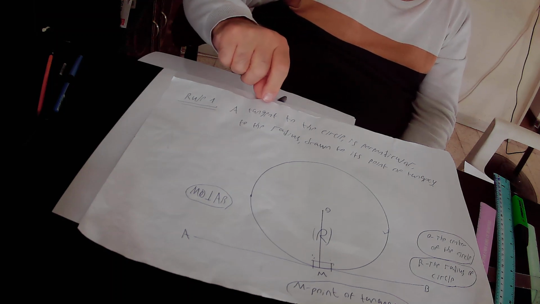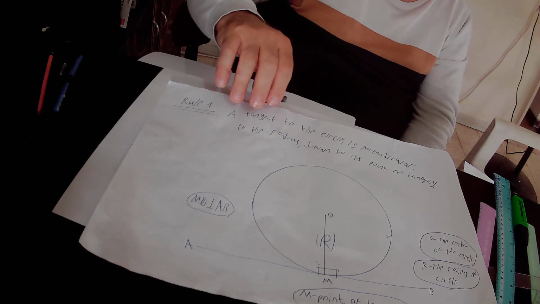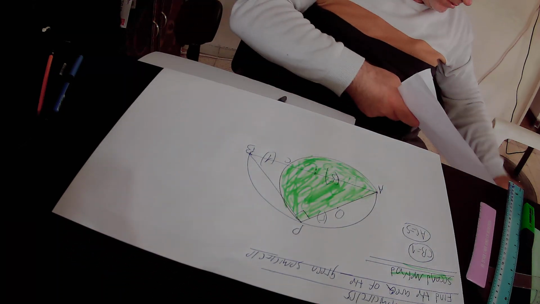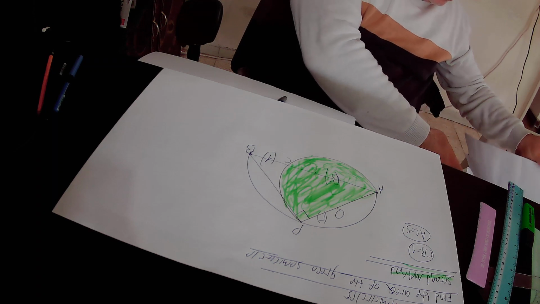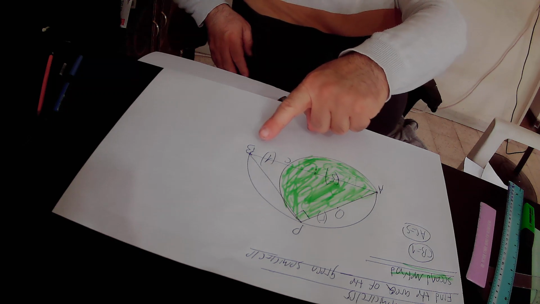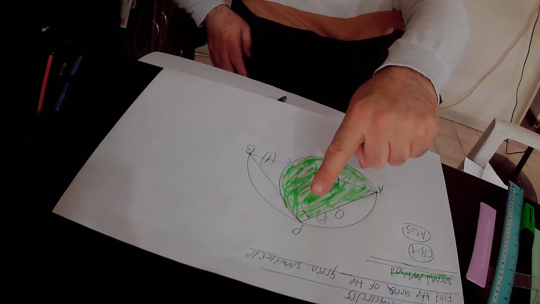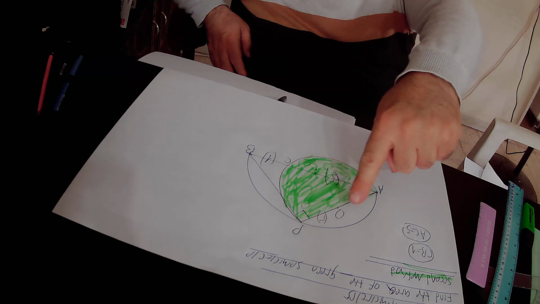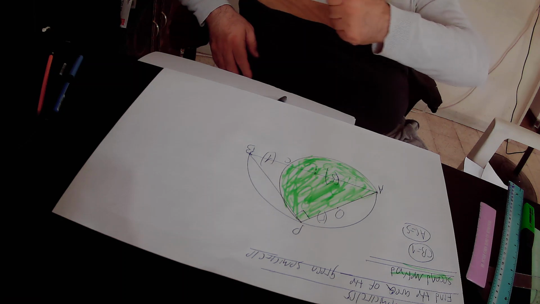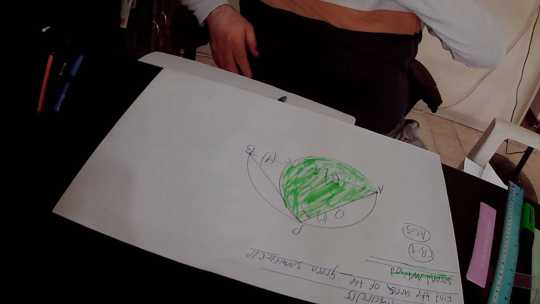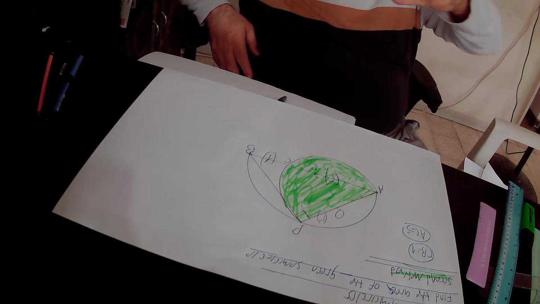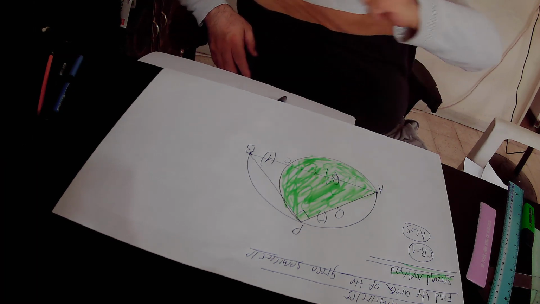So we can implement this rule 1 in our drawing. We know that line segment BP is perpendicular to the radius PO of this green semicircle, and whenever you have a line segment that is perpendicular to the radius, then according to rule 1, the line segment must be defined as a tangent to the circle.